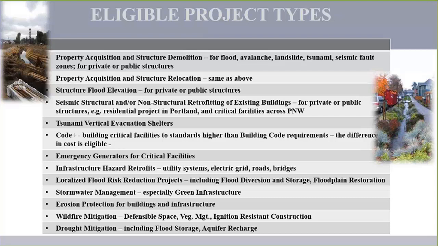There are other types of projects that may be oriented toward a wildfire mitigation issue that actually fall under the minor localized flood risk reduction project, or maybe under a stormwater management project or a utility system infrastructure retrofit. We also do drought mitigation, and that includes flood storage and aquifer recharge.